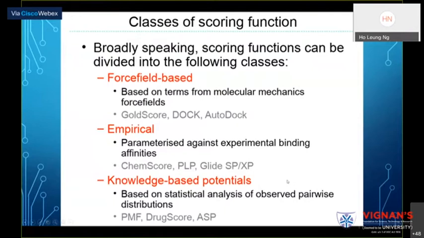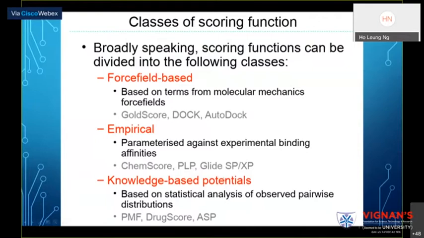Another way to determine scoring functions is to use knowledge-based potentials. What is a knowledge-based potential is that instead of, for example, using experimental binding affinities, we can use actual observed distributions of physical chemical parameters, such as interatomic distances. We can get those from crystal structures.